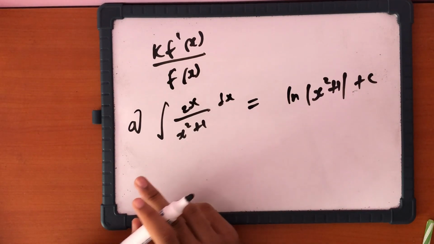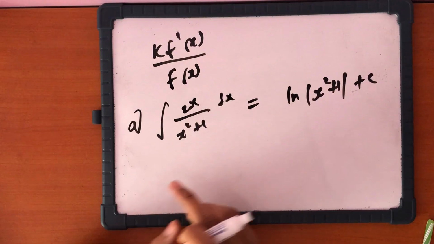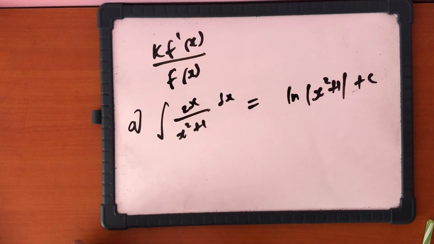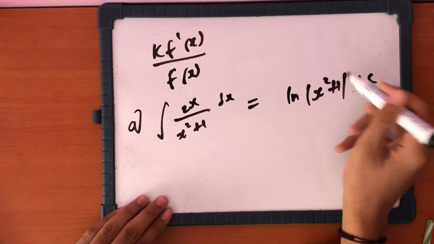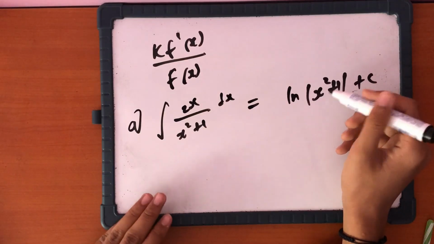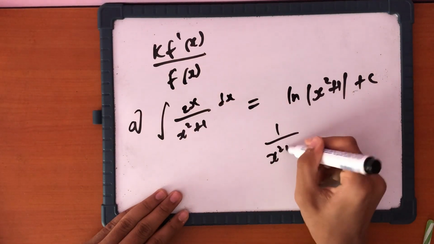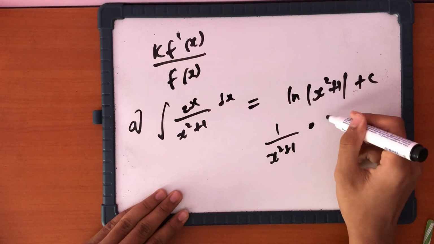Okay, remember, in integration, you can't just say divide by the derivative of the inside function if the derivative of the inside function itself has x. You can't do that in integration, but in differentiation, that's fine. In differentiation, we can multiply by the derivative of the inside function when we're using chain rule. So when we differentiate this, we get 1 over x squared plus 1 times the derivative of the inside function 2x.